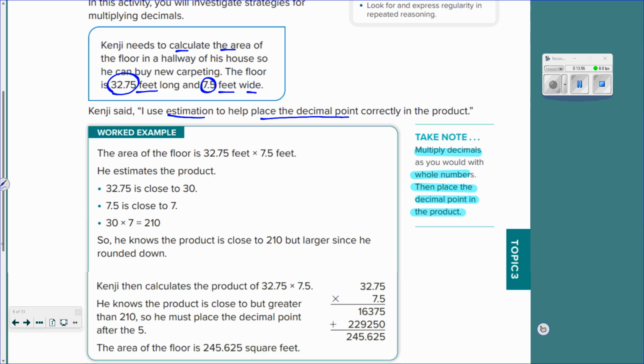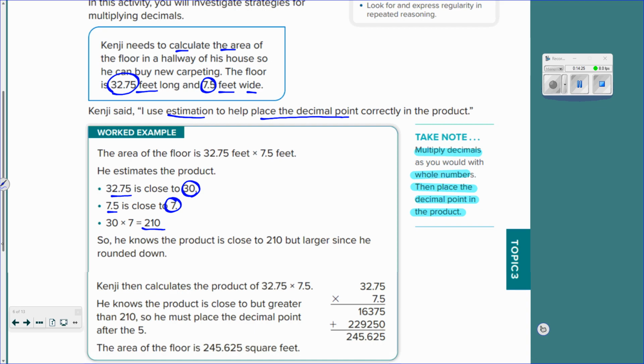So Kenji's going to use estimation. Let's see if this works. He says 32.75 is close to 30. Yeah. He says 7.5 is close to 7. Somebody good with that? I would say 8, but is 7 actually reasonable? Yeah. So if I do 30 times 7, that's 210, right? Pretty good so far.